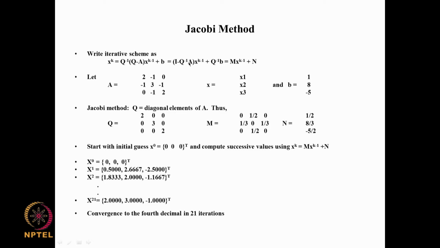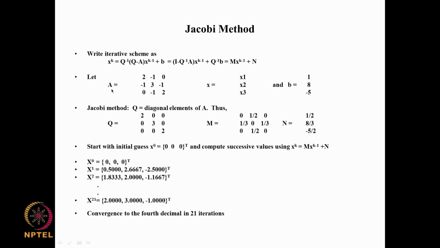You can also write this as M x_(k-1) plus N, where M is this whole thing and N is Q inverse b. Although it is written like this, in the actual case we do not really find Q inverse and then find all these things. We will see how it will be done.